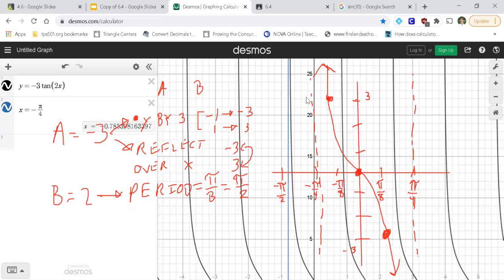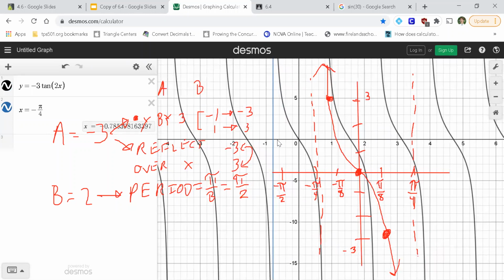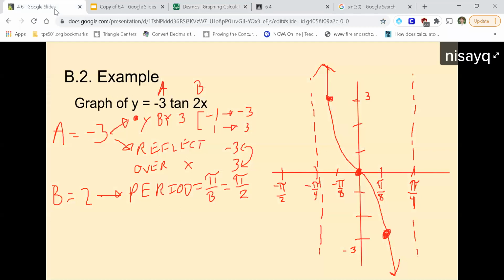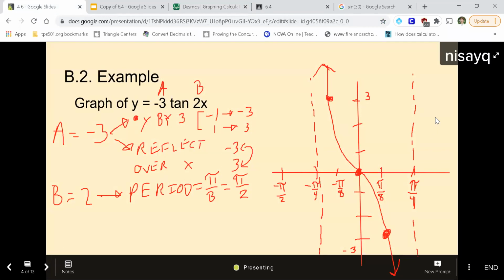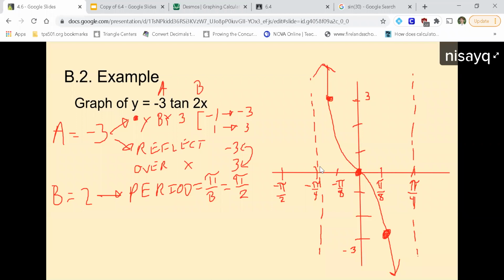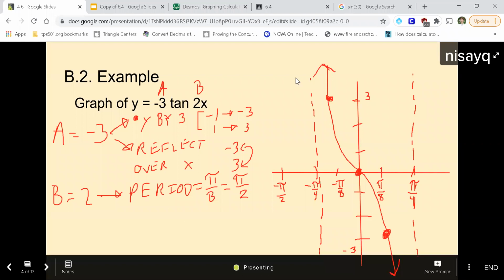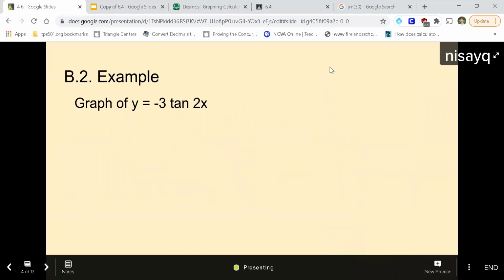So that is a vertical asymptote. All right, so are there any questions about this? All right, then it's your turn.